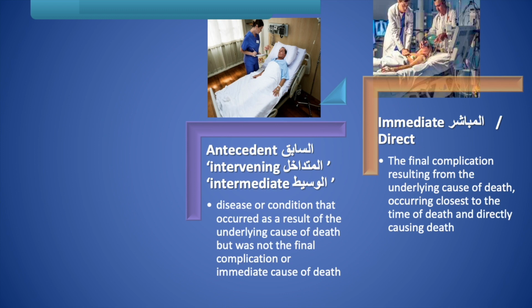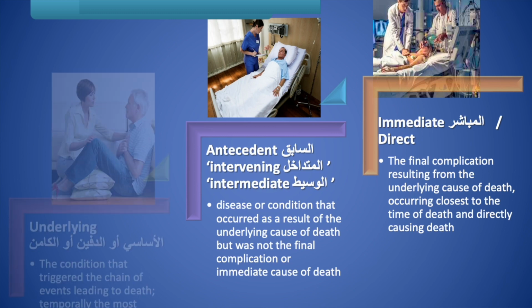Okay, so if we can realize that the intermediate cause is an obvious cause, the direct cause or the immediate cause is an obvious cause also, the underlying cause is the less obvious or deep cause, the root cause for the process of complication that leads to death.